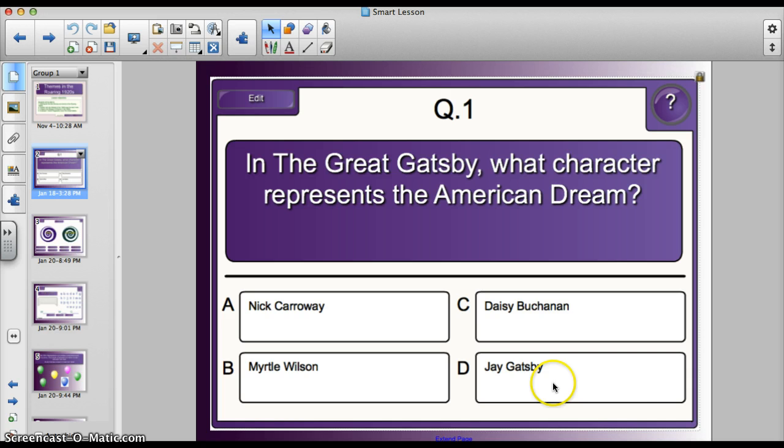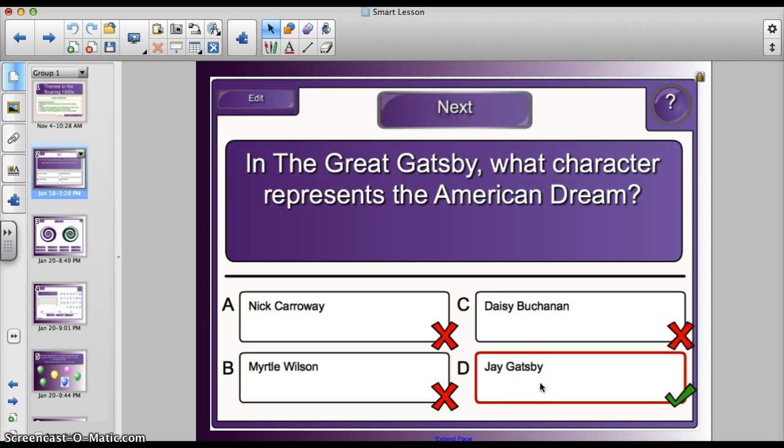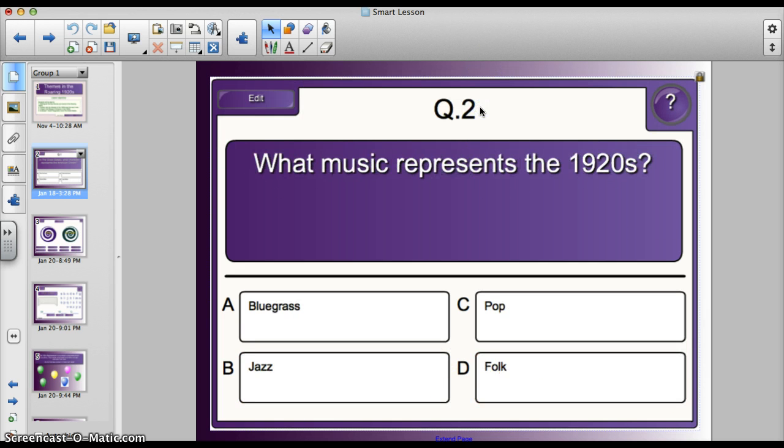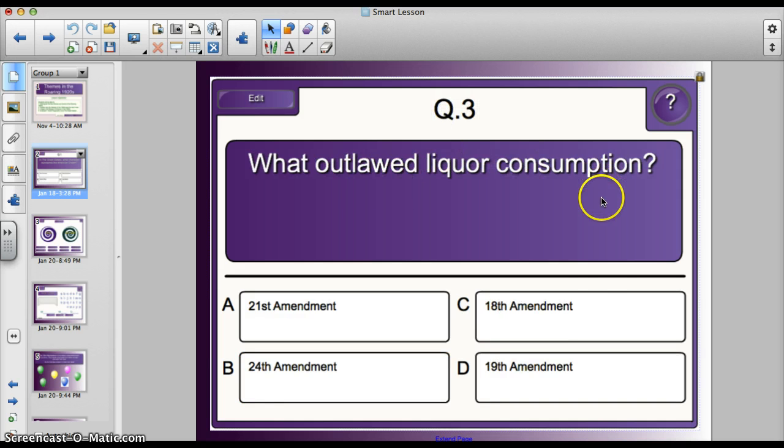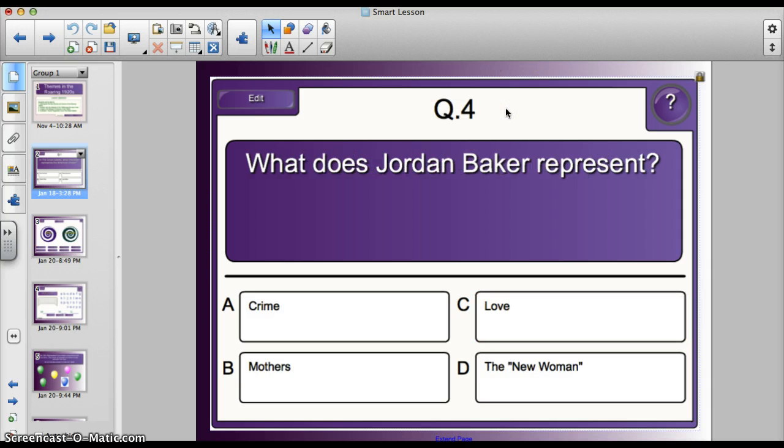I would hopefully students would know that's Jay Gatsby, but you can see that they can pick different ones until they get the correct answer. They can go to next, which music represents the 1920s. Hopefully they would come up and pick jazz. So it's just a short 5-question quiz. I don't need to go through all the questions.